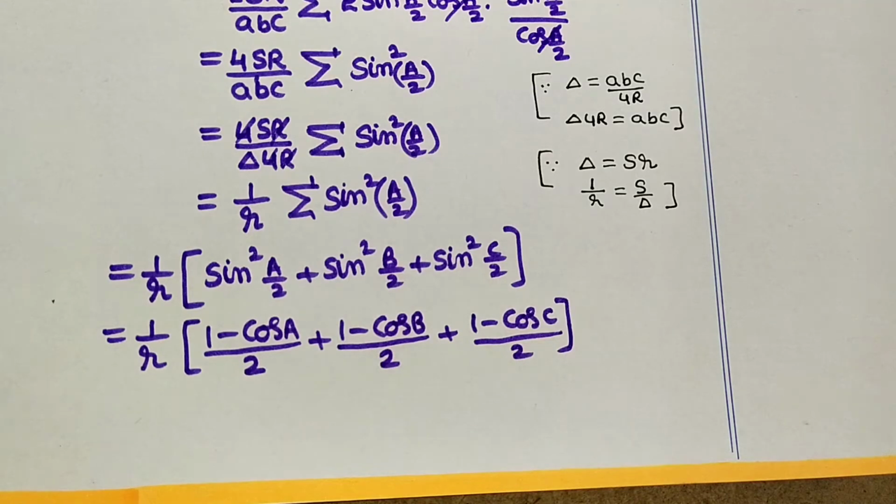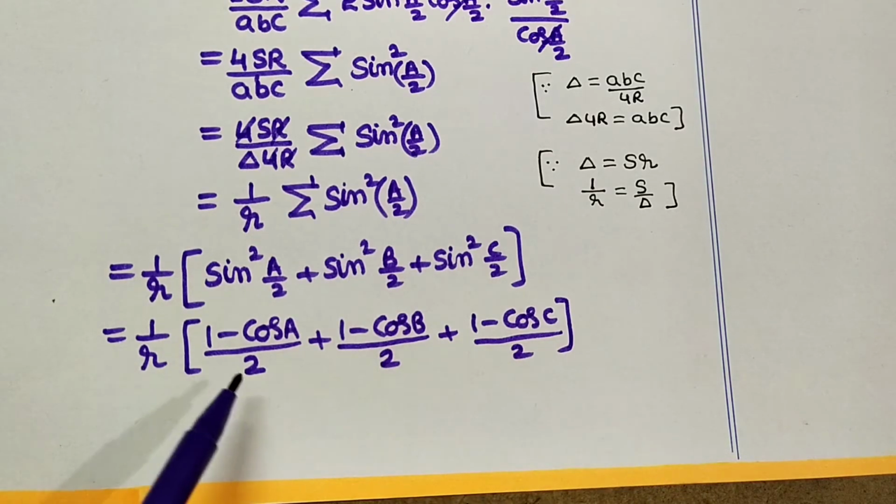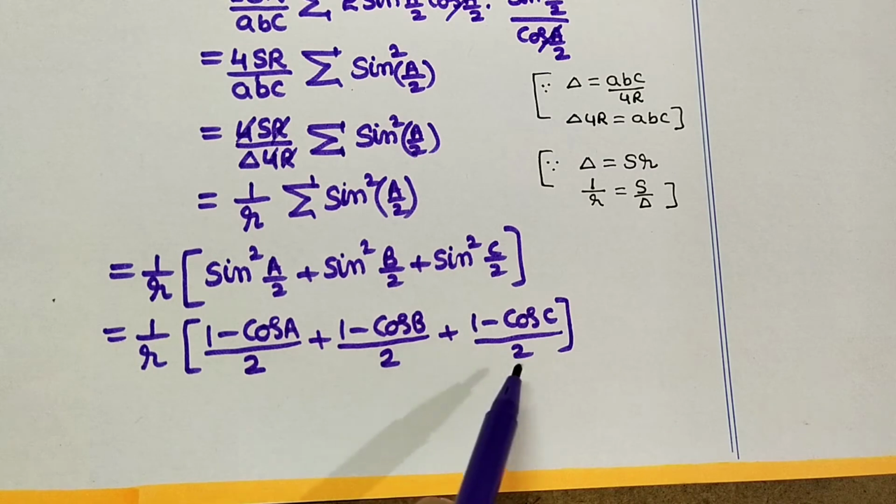In this bracket value, 1 by 2 plus 1 by 2 plus 1 by 2 is 3 by 2.